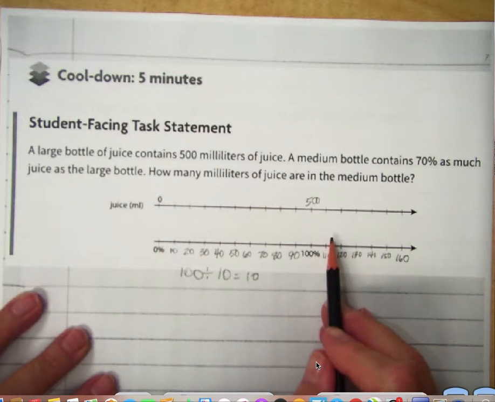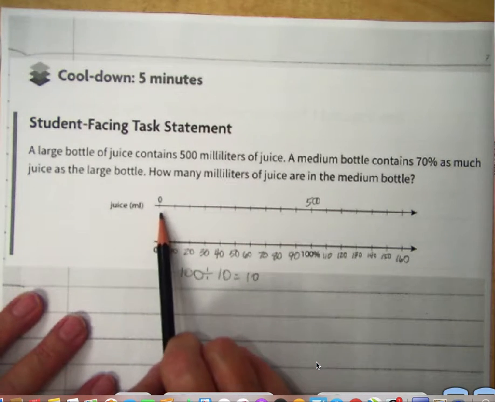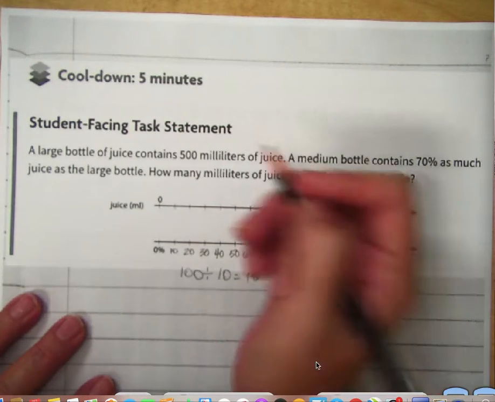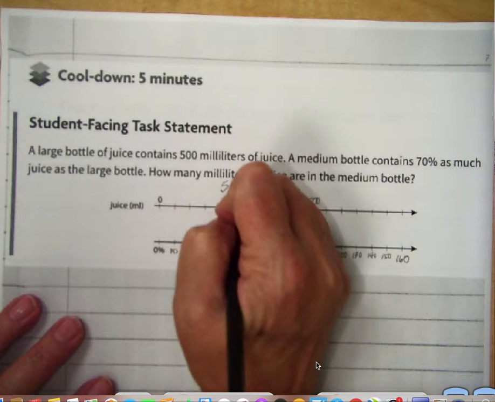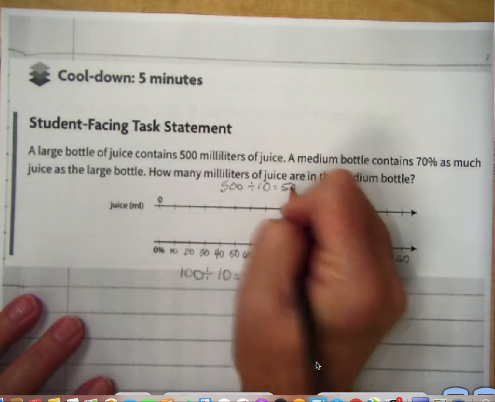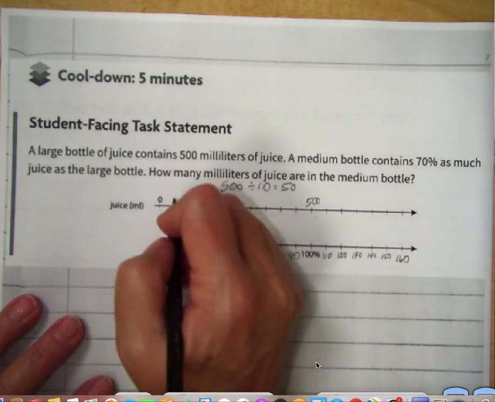I've got to do the same thing up here. How many tick marks is it from 0 to 500? Well, it's going to be the same number, isn't it? So 500 divided by 10, I'm going to have a tick mark every 50.